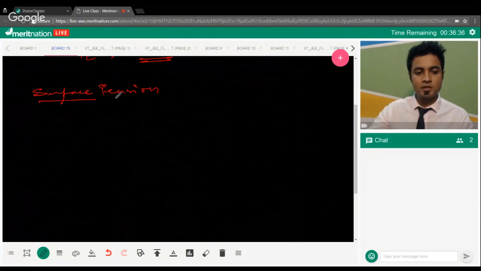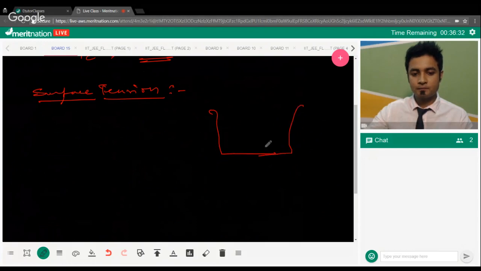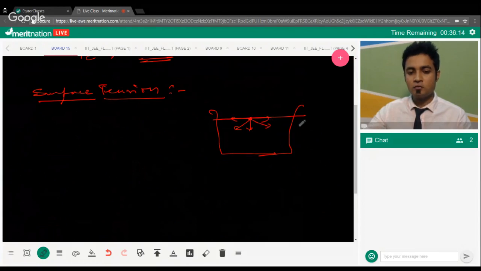We have surface tension, where the upper part of the liquid is feeling like a stretched membrane. Why? Because the molecule at the top surface will be pulled by all the adjacent molecules, and the resultant force is in the downward direction.